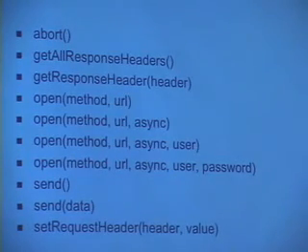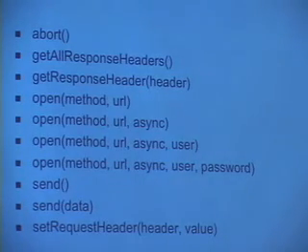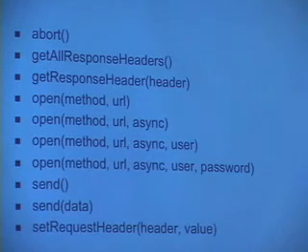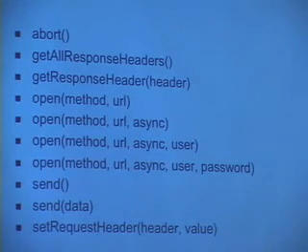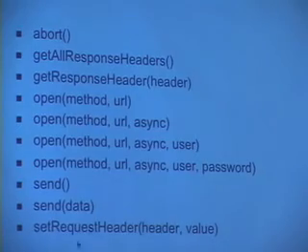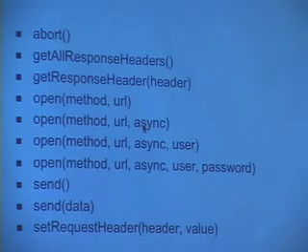There's open, which means open a connection to a server. There's send, which means send your HTTP request via GET or POST. And then there are some other things, set request header, get all response headers. Those you won't tend to use as much. So probably the most common will be this second one, the open method with method, URL, async. And we'll see by way of example what that all means.